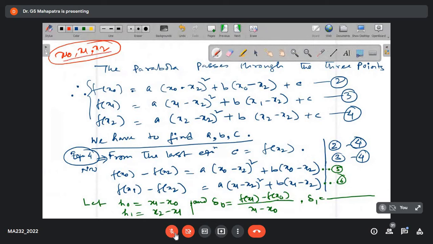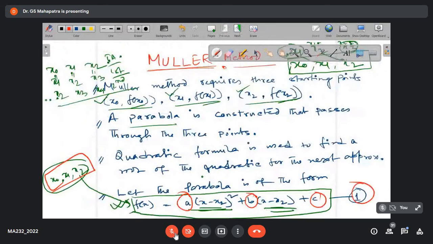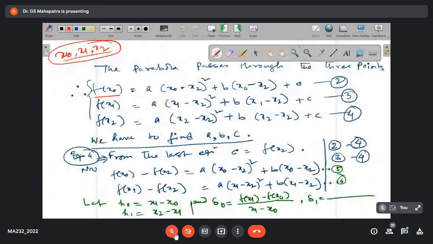So f of x0 from equation 1, and if you put x equals x0, x1, x2, the equation gives f of x0, f of x1, f of x2.